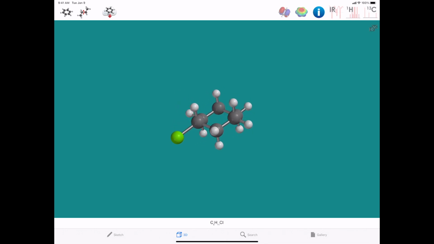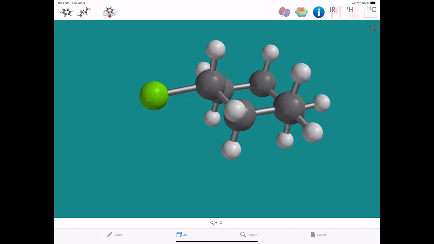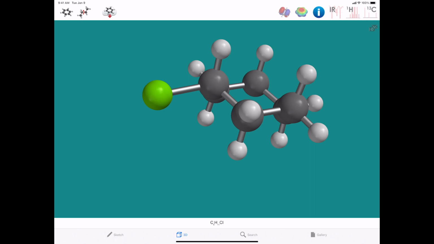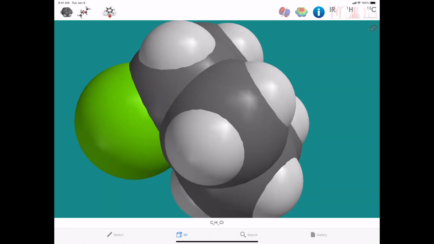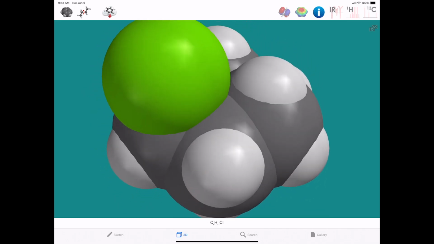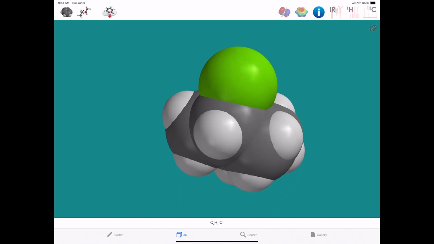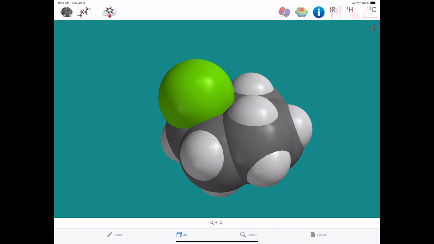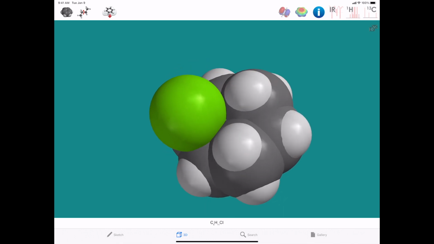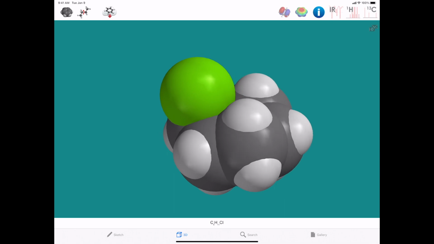You see how that carbon-chlorine bond in the front there is longer than the carbon-fluorine bond. And let's see what consequences that has. So we'll go space filling. If the bond is longer, that means that the sphere, for chlorine, is a little bit further out. And so it doesn't bump into the 1,3 diaxial hydrogens very much.